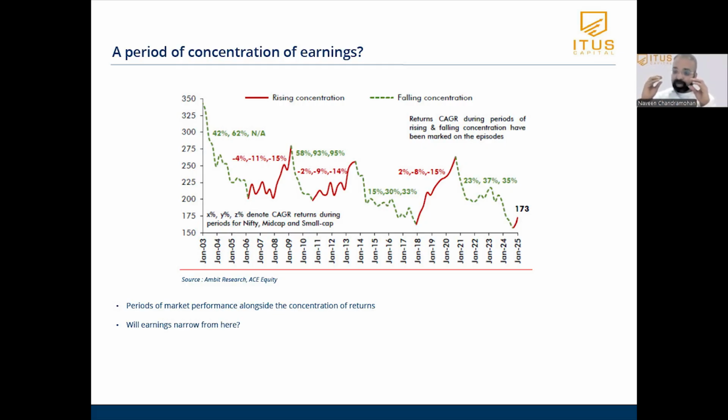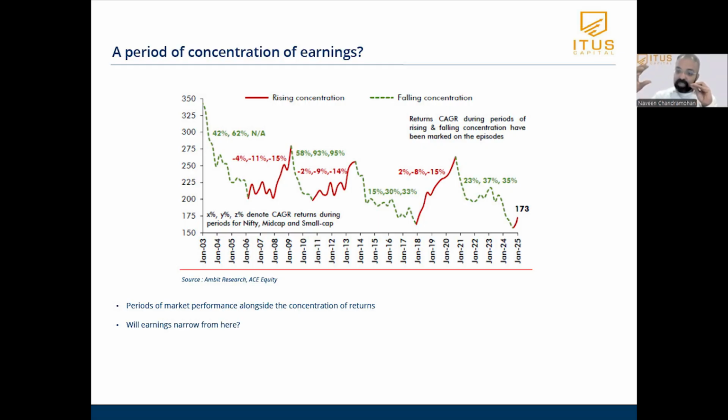What does that statement mean? And I'll put some numbers to this. As of June 2024 quarter, 53% of Nifty 500 companies beat the Nifty 500 average. As of September 2024, that number dropped to 44.5. As of December, it dropped to 41. And I expect this to drop further.